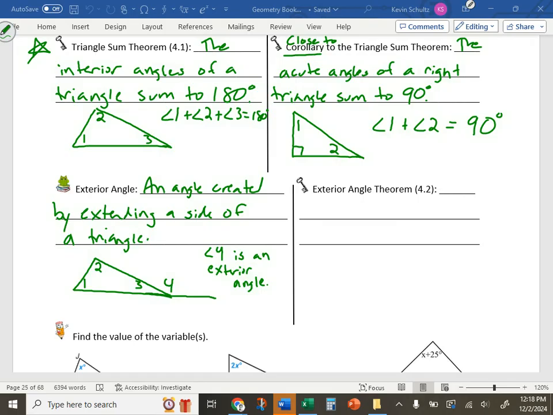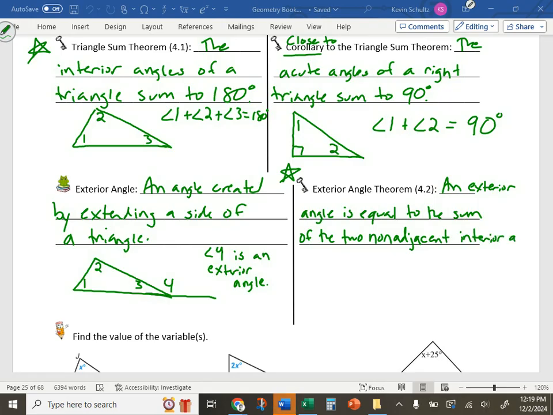The exterior angle theorem is another one that you'll use very often. So star this one. Okay. The exterior angle theorem says that an exterior angle is equal to the sum of the two non-adjacent interior angles.